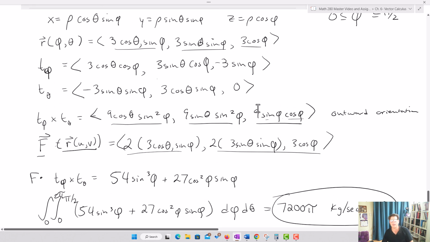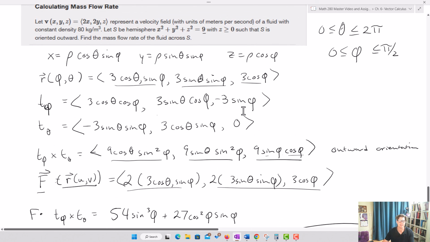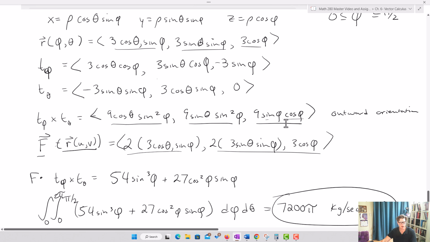A bit involved, we didn't go through all the calculation, but you can see that what we're doing here is the same basic process. We parameterized our surface, then took the parameterization and found the tangent vectors for each one of the components, took the cross product, then figured out what my vector field was in terms of my parameterization.